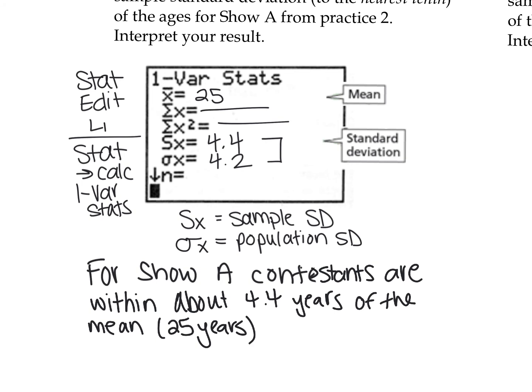So in general, they're within 4.4 plus or minus. So they're in general about 21 to 29 years old. Because our standard deviation tells us in general how far away most of the data lies from the mean.